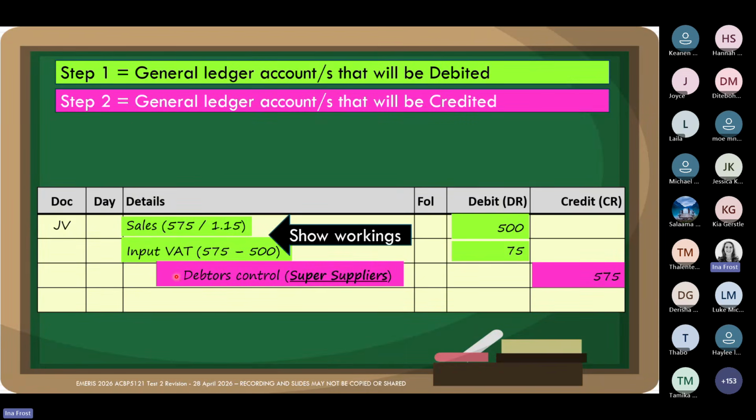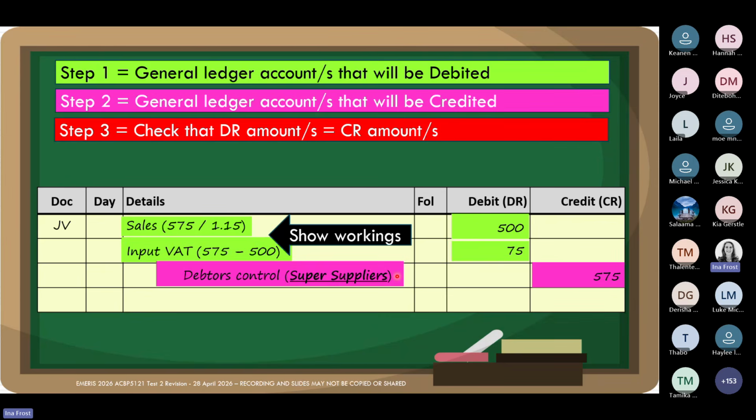And remember, for both debtors and creditors, you have to say debtors control account and give us the name of the debtor. The same thing with creditors: you've got to say creditors control account and give us the name of the creditor if it was provided in the question. So we say debtors control account and then the name of the debtor. That will become more clear to you in learning unit number 7.